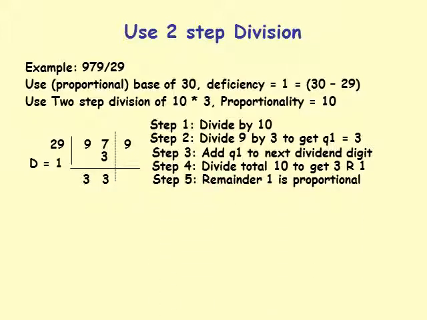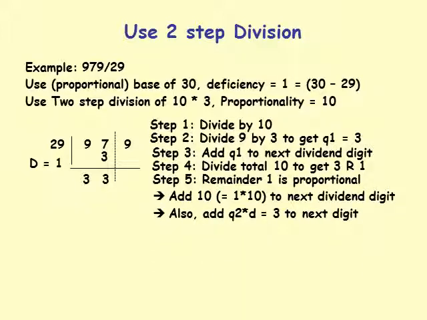Remainder 1 is proportional, and proportion is second division. I'm in the second division now. I did the first division here and a second division, so proportionality is 10. So this 1 is my nominal remainder at this stage, and 1 times 10 is my effective remainder at this stage.